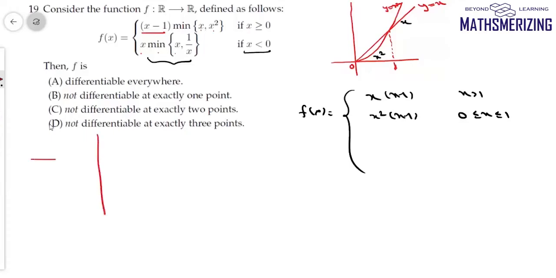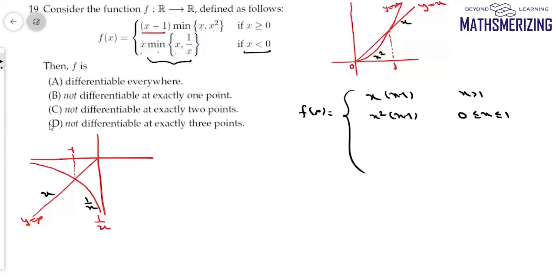So when x is less than 0, we have this 1 by x, and then we have this y equals x, and their point of intersection will be minus 1. So between minus 1 and 0, this minimum value will be 1 by x, and when x is less than minus 1, this minimum value will be x.